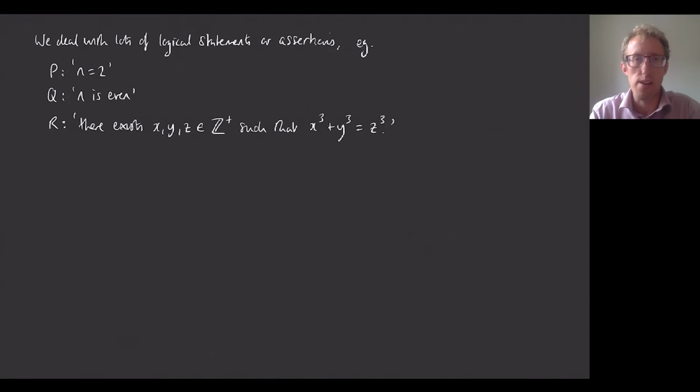So it's quite helpful to be able to deal with statements that turn out not to be true. If we can work through the logical consequences of a statement, we might end up showing that it doesn't make sense. That's what happens in a proof by contradiction. So we have to be able to work with them whether or not they're true.